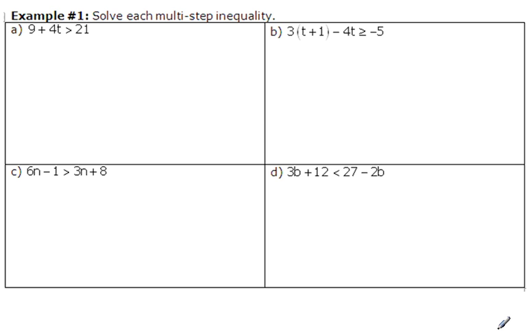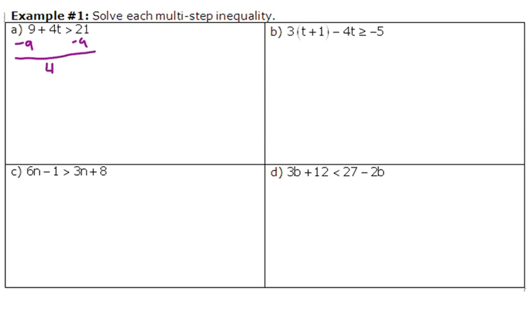So if we look at example A, I have 9 plus 4t is greater than 21. If I was going to solve this just like a regular equation, I would get rid of the 9 first, because we undo addition and subtraction before we undo multiplication and division. So I'm going to subtract 9 on both sides.